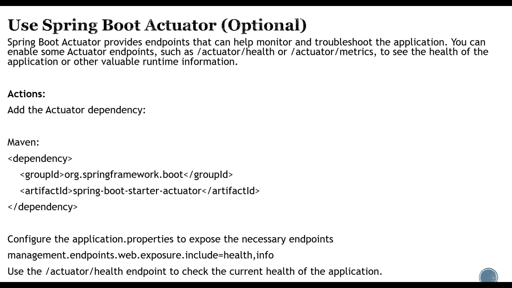To do that, you can add the starter dependency for actuator, and configure the properties file to expose certain endpoints. As I mentioned, there is a health endpoint which gives you the current health of your application. So make sure you have this configuration enabled.